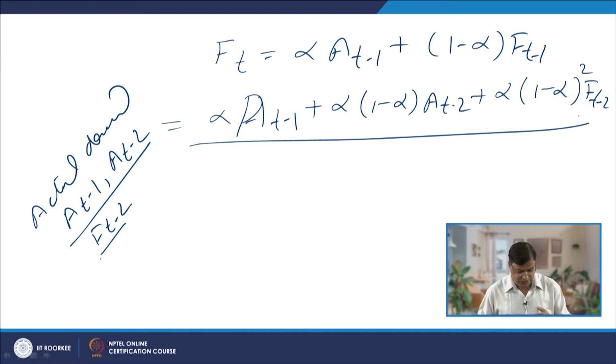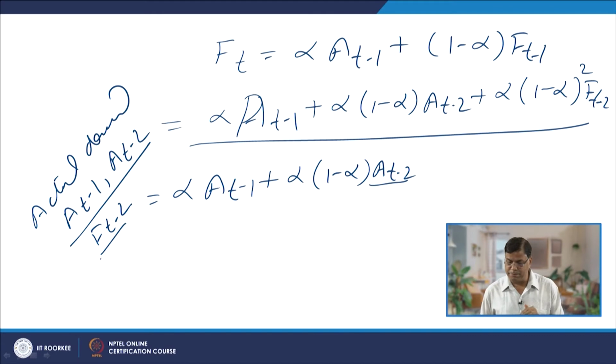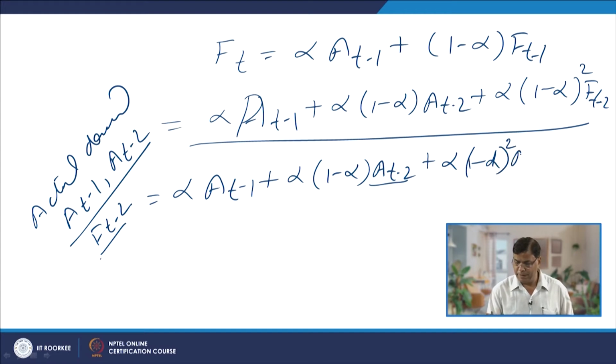If you want to consider three periods of demand and forecast data, then it will be further modified: alpha A_(t-1) plus alpha (1 minus alpha) A_(t-2), which is the second previous period's actual demand, plus alpha (1 minus alpha) squared A_(t-3), then plus (1 minus alpha) cubed F_(t-3).